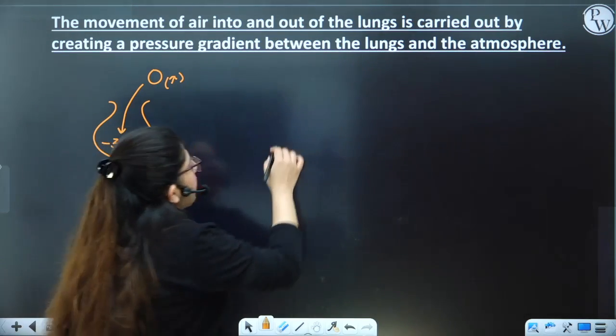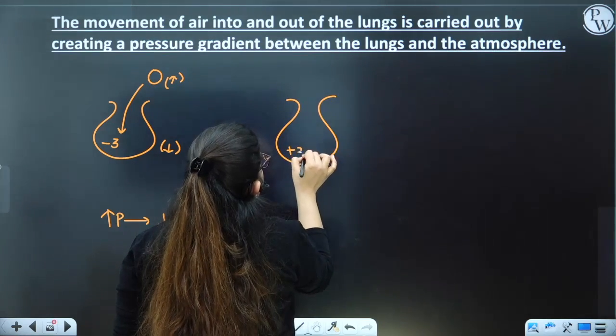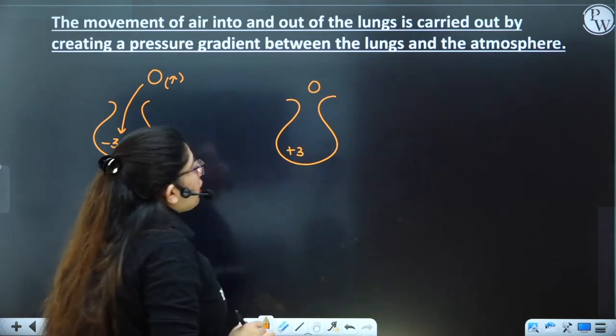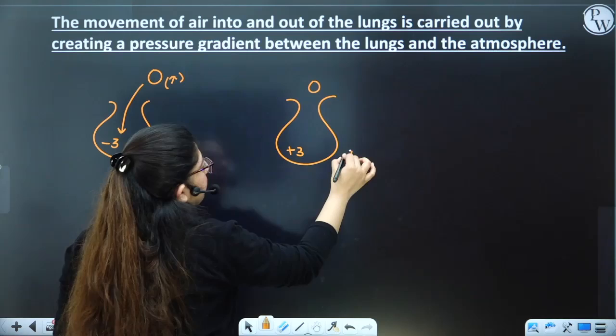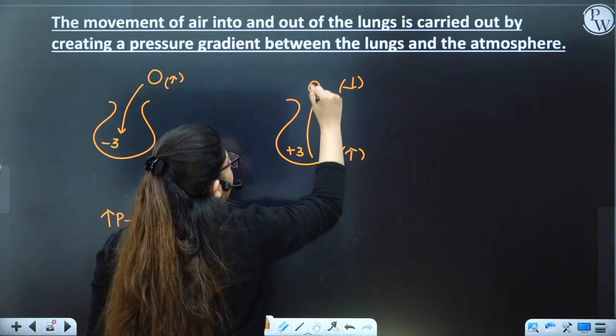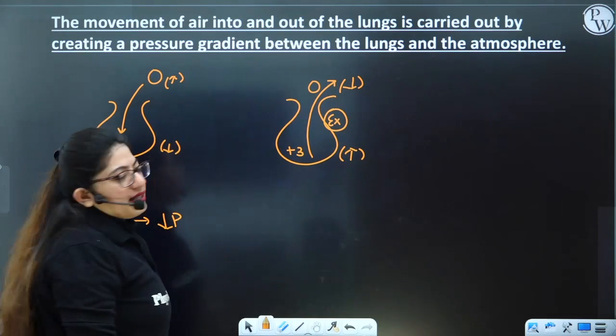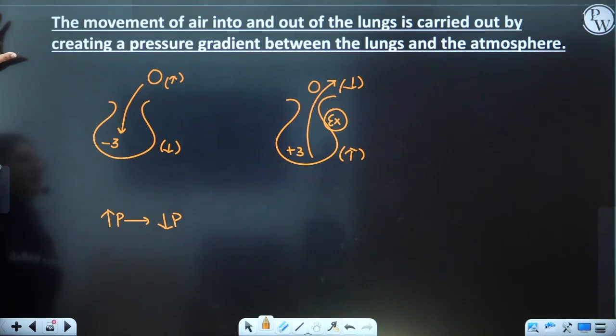If the reverse takes place, this is alveoli and here it is +3 and outside it is 0. Now this one is higher and this one is lower, and the air moves from high pressure to low pressure, so the air will move out, and this is what happens during exhalation. Fine. So read this line: the movement of air in and out of the lung is carried out by creating a pressure gradient between the lungs and the atmosphere.